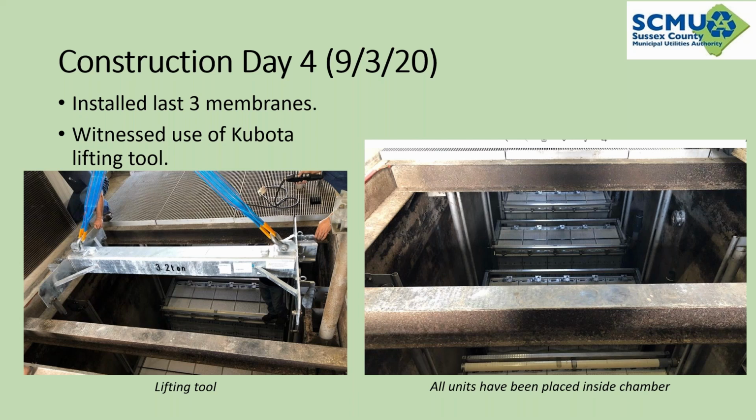Also, all the flanges are now above the grates, so we're able to disconnect everything above the grates and then just work this lifting tool down. This was really a slam dunk for what we needed to maintain safe operation and maintenance of these units.